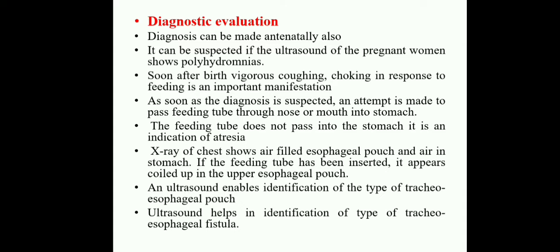As soon as the diagnosis is suspected, an attempt is made to pass a feeding tube through the nose or mouth into the stomach. What happens then? It won't go to the stomach, and sometimes the feeding tube may enter the trachea. At that time you suspect that the baby is suffering from the congenital malformation of tracheoesophageal fistula.